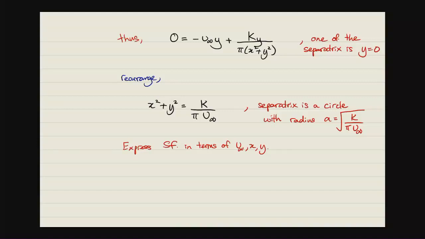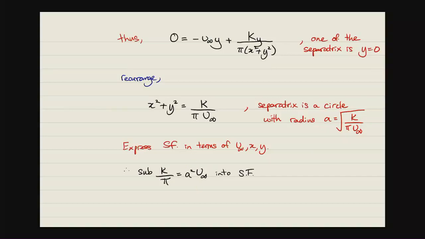What I'm going to do is substitute k over pi equals a squared u infinity into our stream function, and basically this is just rearranging.